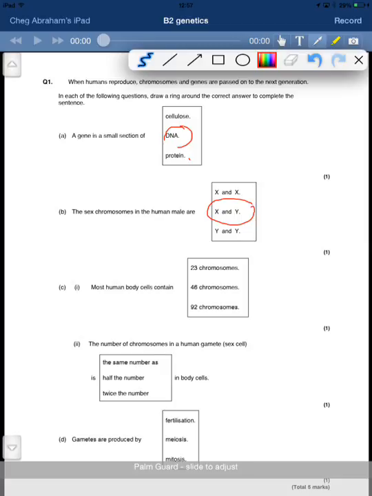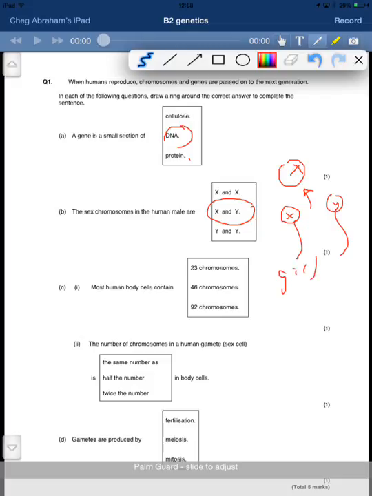Just to very quickly explain that again, the egg is always X in a female, and a sperm could be one of two things. The sperm could be an X or it could be a Y. If an X sperm meets an egg, which is always X, you get a girl.